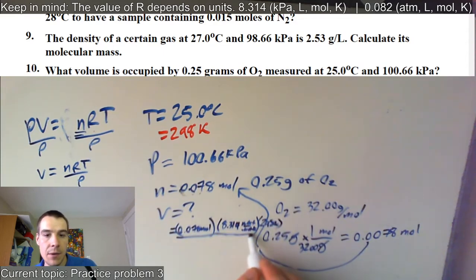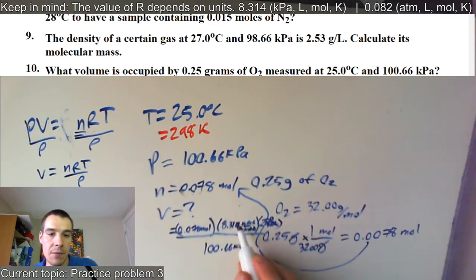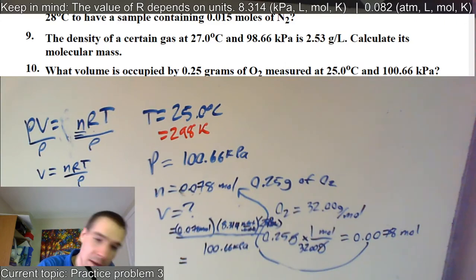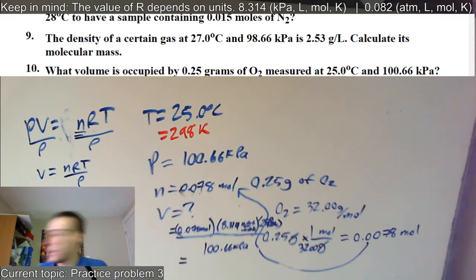We're dividing that by the pressure, 100.66 kPa. That's why we wanted 8.314, because it's the kPa version. kPa will cancel out. And our volume then is going to be whatever that is. So 0.0078 times 8.314 times 298, divided by 100.66. Easy, 0.19.